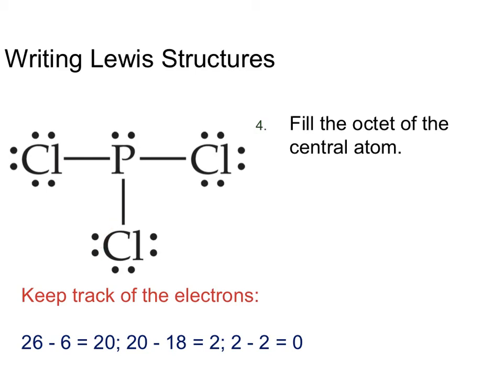So all of our electrons have been used. Now let's check for octets around each of our atoms. 8 electrons around chlorine, 8 electrons around phosphorus, 8 electrons around this chlorine, and 8 electrons around this chlorine. And so we have used all of our electrons. Every atom has an octet. So we would say that this is a valid Lewis structure.